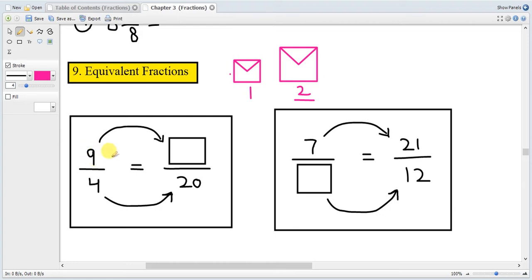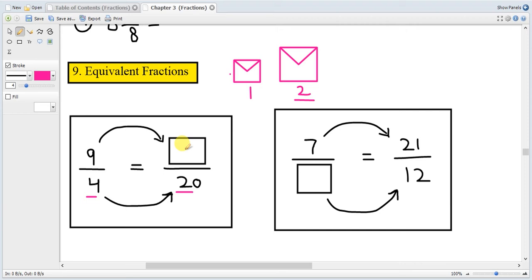Now in this case we have two fractions, 9/4, and a box over 20, and inside the box we have to find the value. Focus on the portion of the fraction in which both values are given. So this is 4 and this is 20. Using these two numbers we can find the value inside the box.